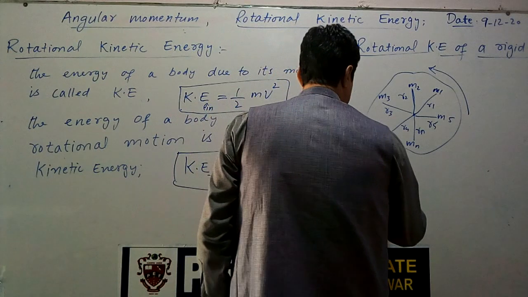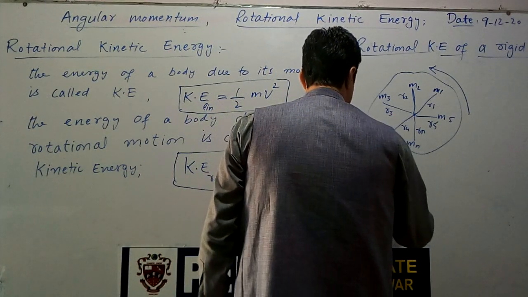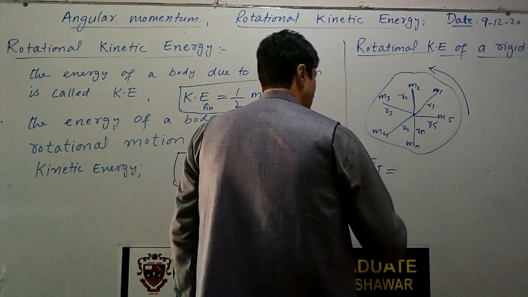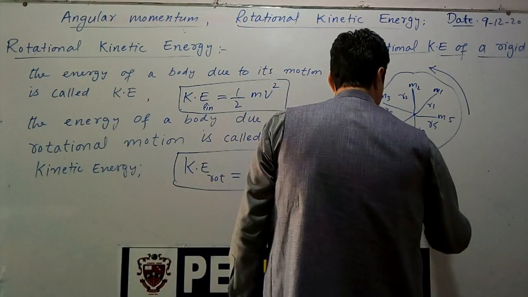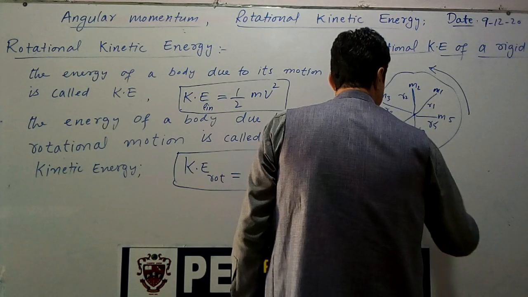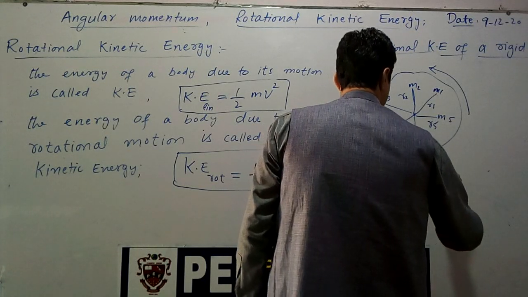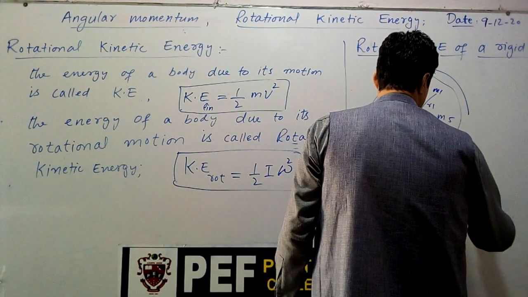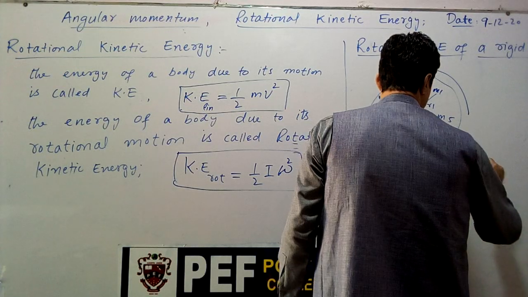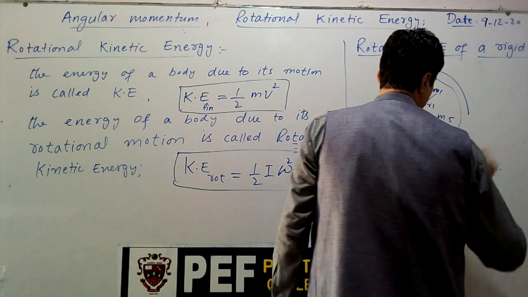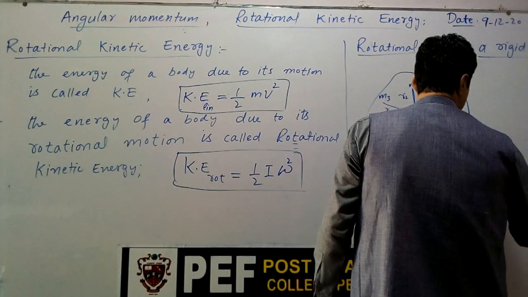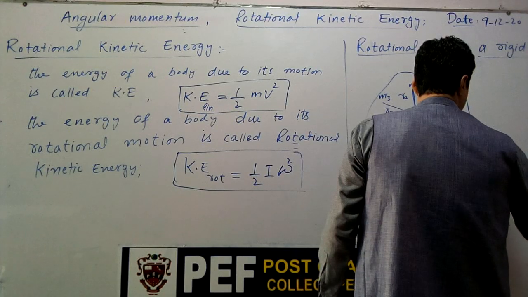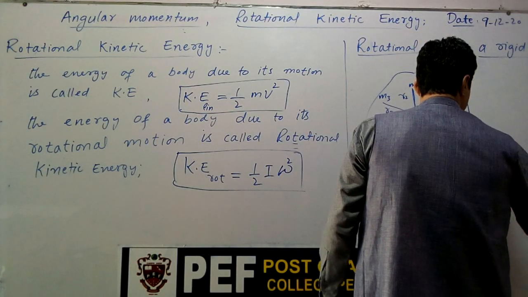The total kinetic energy of the object is given by KE total. Total kinetic energy is equal to half m1 v1 square plus half m2 v2 square and so on, plus half mn vn square.